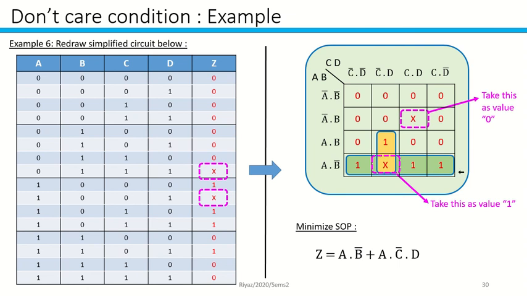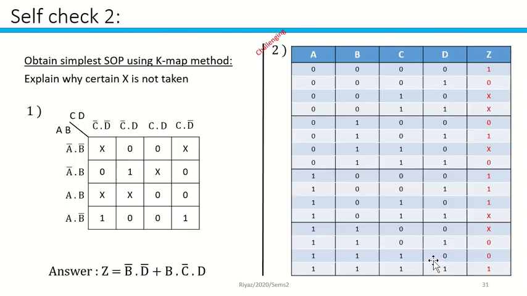So for this particular green group you have A dot B bar. Here you can eliminate C and D, so that's why you have A dot A bar B bar. And for the yellow, you just keep the A, B you can eliminate, and C bar and D. That's why you have the final minimized SOP as these results.